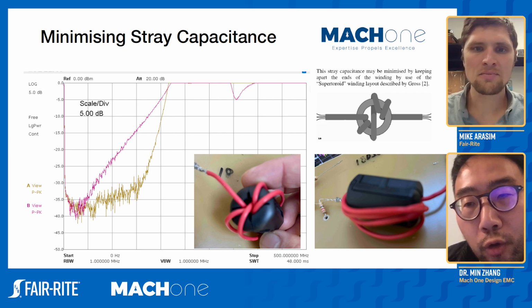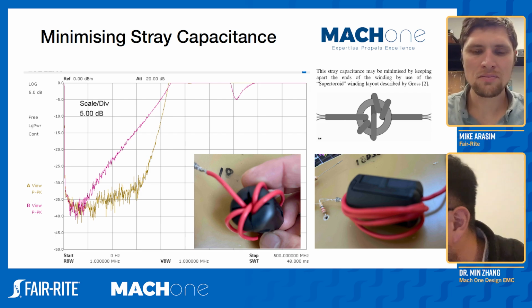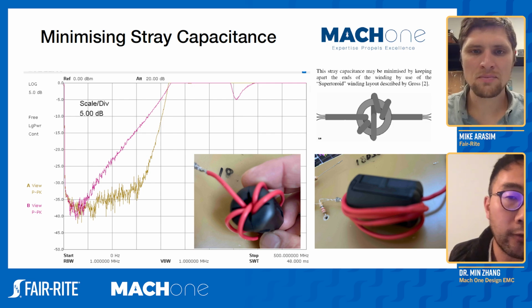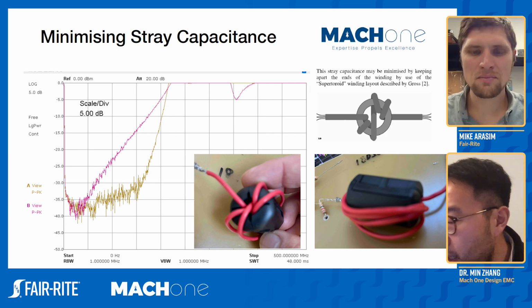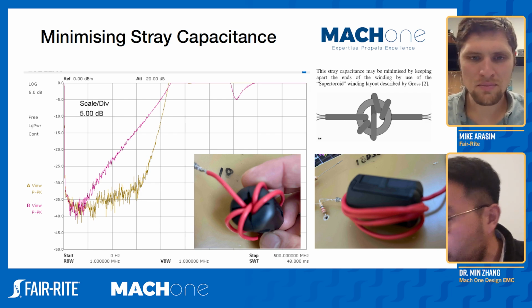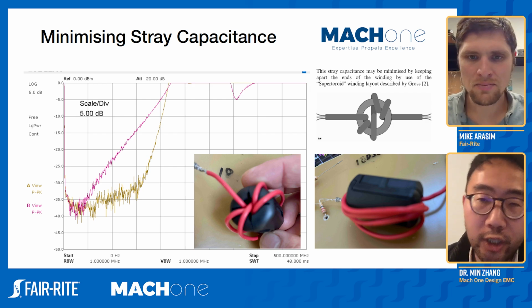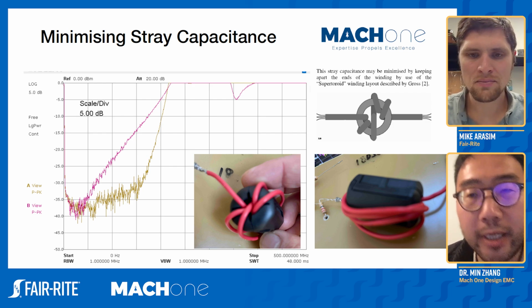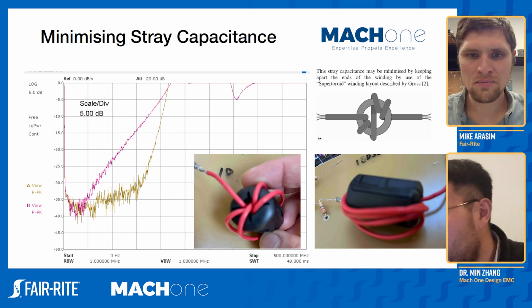Therefore, you minimize the capacitance between A and B, and you reduce the E field impact of this configuration. Compared to this configuration where the windings are next to each other, so the highest voltage, and then you have the highest capacitance. Therefore, you have the highest E field coupling. So that's really it.